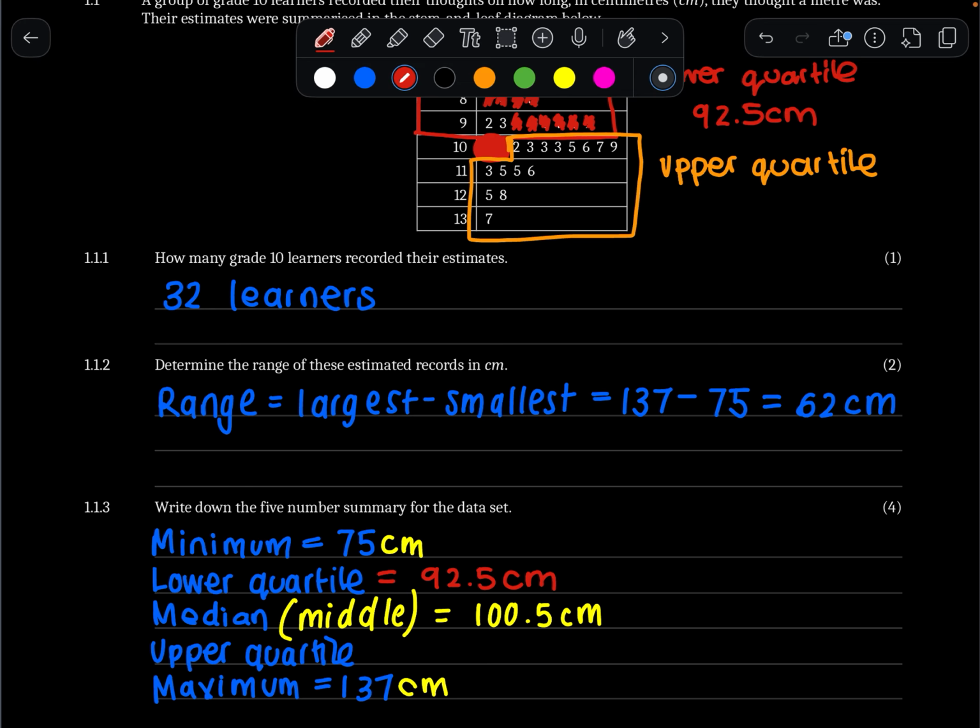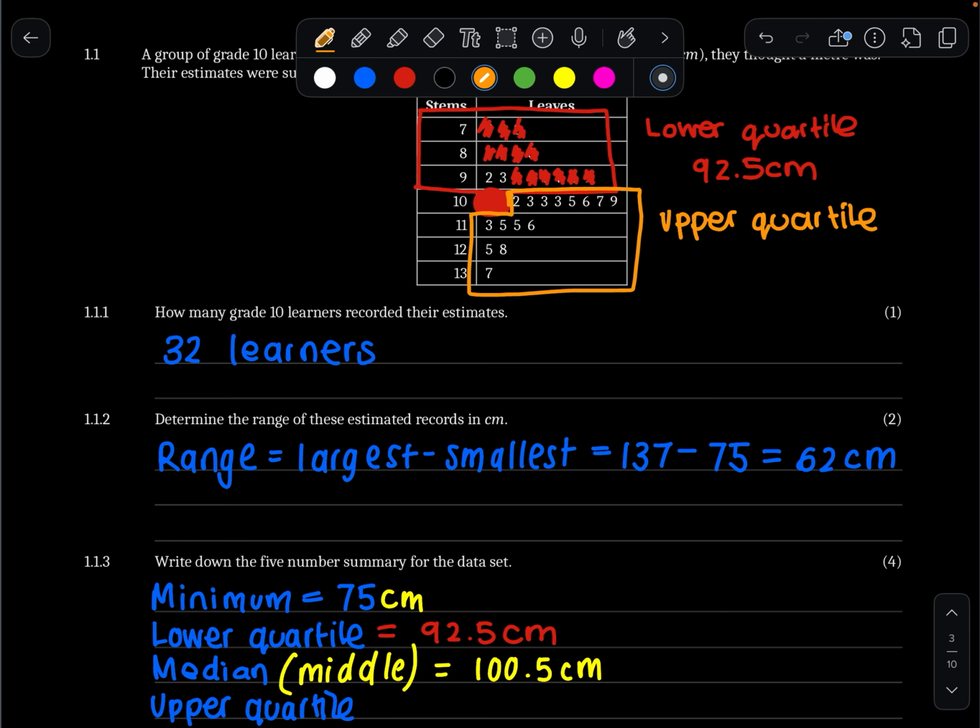Let's do our upper quartile exactly the same way. We cross out the biggest, then the smallest. We're left with 107 or 109.